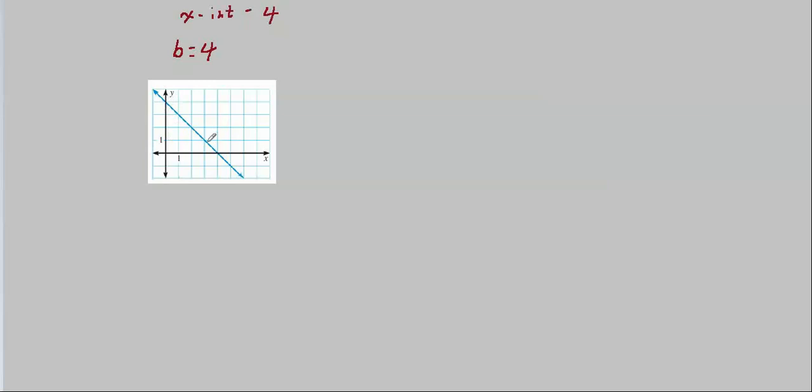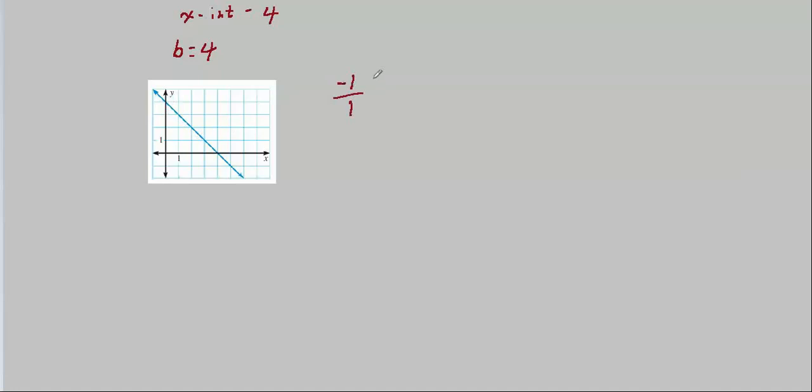Now, the equation for this line, let's see here. We go down one and across one. We go down one and across one. Down one. Ooh, well, it looks to me like the rise over the run is minus 1 over 1.